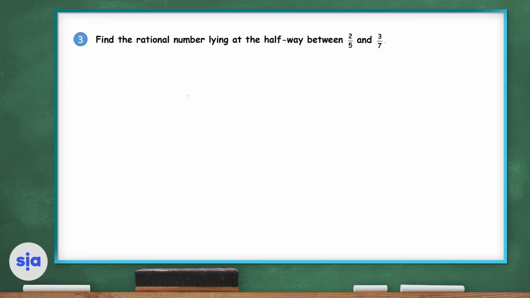Question 3. Find the rational number lying halfway between 2 over 5 and 3 over 7. As we said before, to find the number that is halfway, we make half multiplied by their sum, 2 over 5 plus 3 over 7.